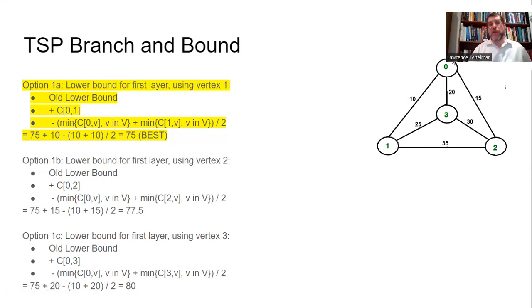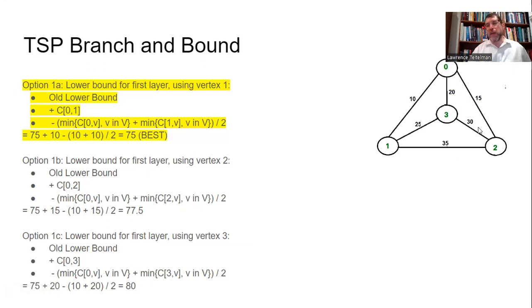So the next option is to go from 0 to 2 instead of from 0 to 1. So my old lower bound was 75. Going from 0 to 2 is 15. So that's the 15. And then we ask, what's the lowest cost edge for 0? Subtract that off. That was already factored into the 75. So that's the 10.